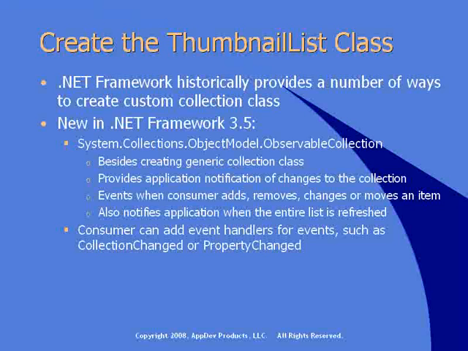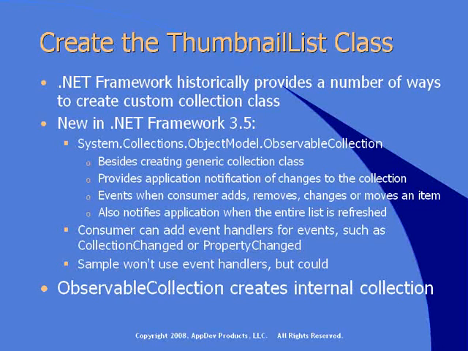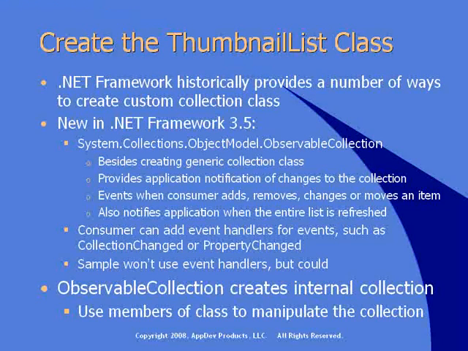Whoever is consuming the collection class can handle those events. The sample won't use those event handlers, but it could. In this case, there's no way any code outside of the video browser application could change what's in that collection. The Observable Collection class creates an internal collection and will use members of that class to manipulate the collection.